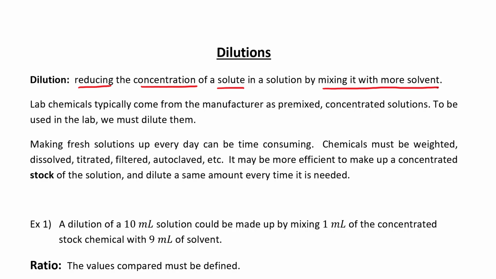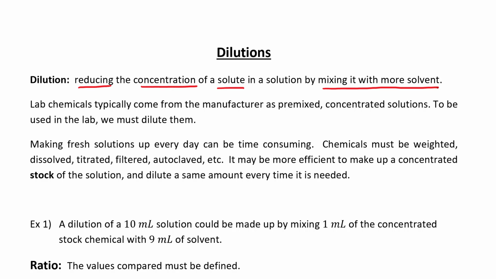When working in a lab, chemicals are often purchased as pre-mixed high-concentration solutions. You must dilute them down in the lab to the desired concentration in order to use them. In addition, making up fresh solutions every day can be very time-consuming. You have to weigh the chemical, dissolve it, potentially titrate it, filter it, autoclave it, many different steps along the way.